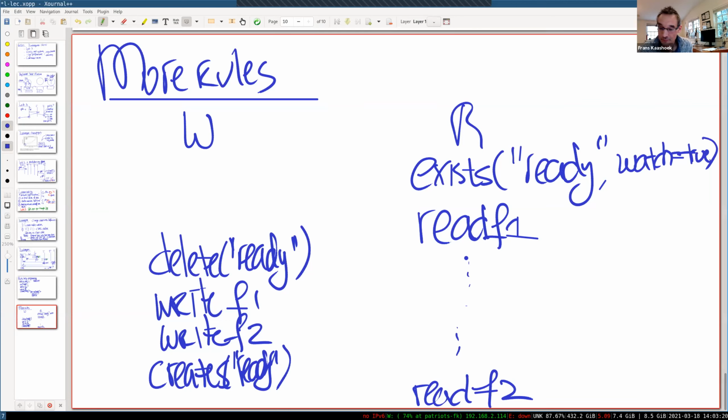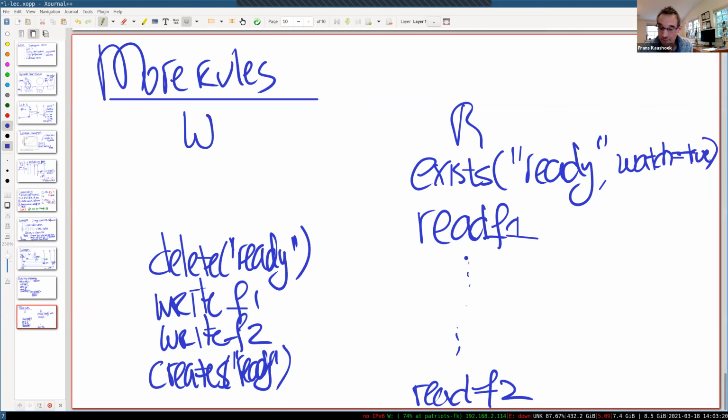And so when the ready file gets deleted by this new primary, that results in a notification. And there's a rule for this notification: every notification will be delivered before writes that go after it. So this notification will be delivered before the write to F1.